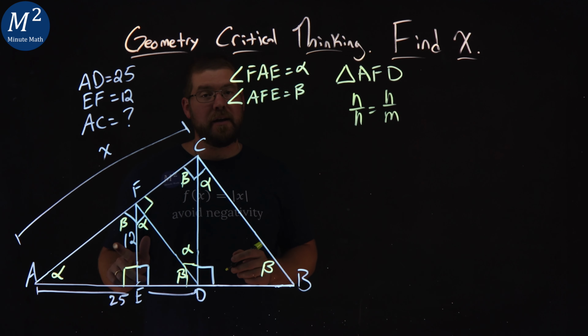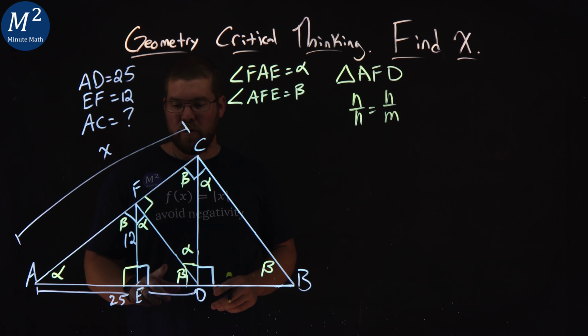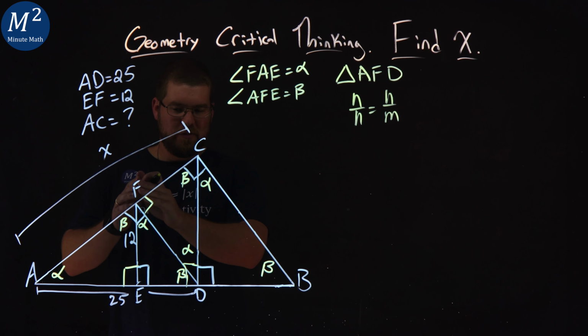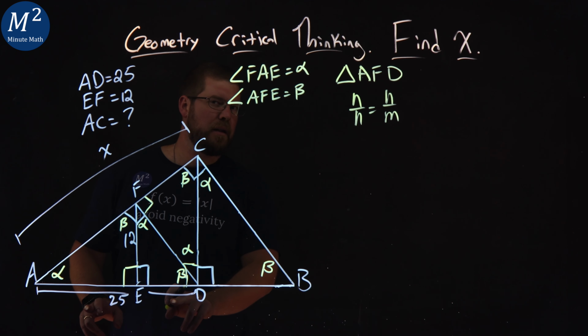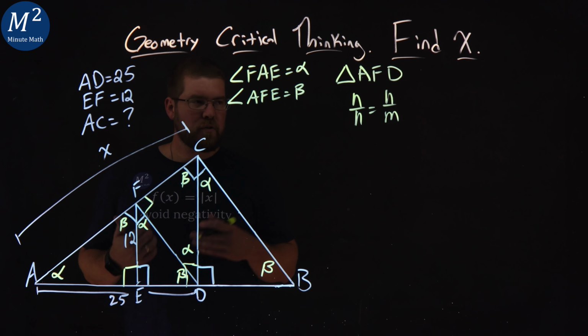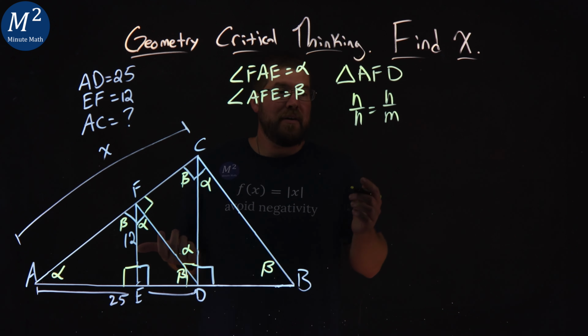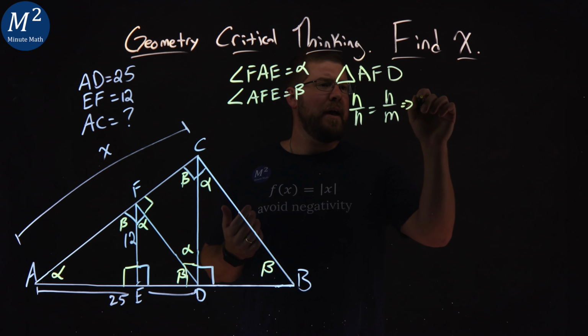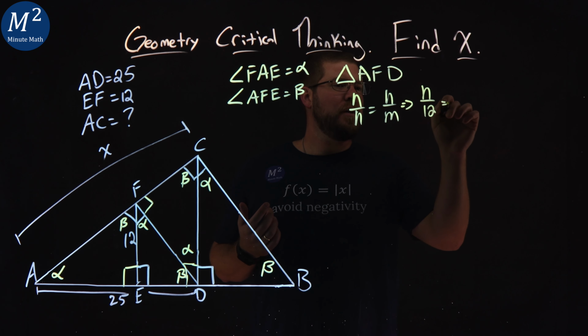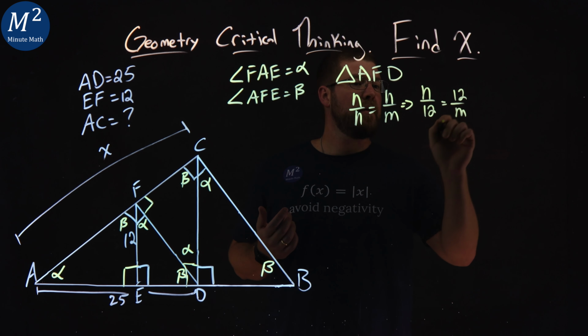And H is our height here, and then N and M are opposite of the altitude, kind of going into it here, these two parts. This being N, this one being M. So let's go apply what we see and put in values we know and see what we get. So if H is our 12, we have N over 12 equals 12 over M.